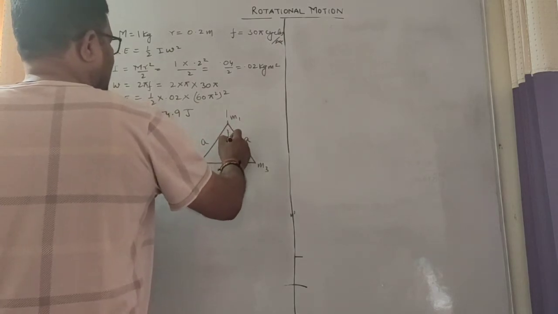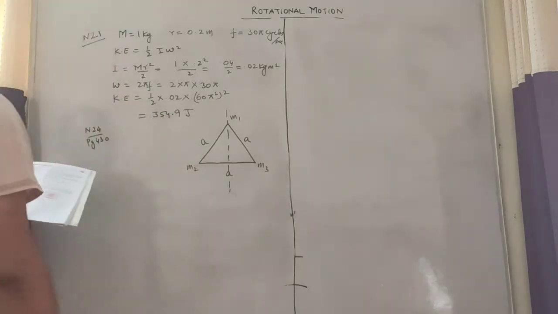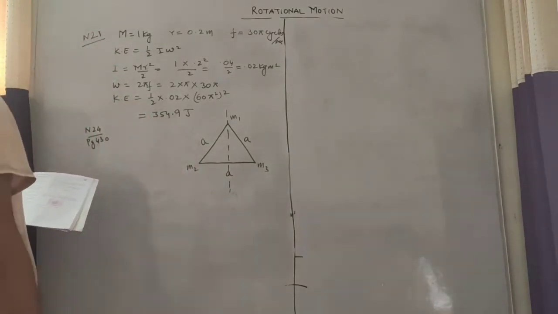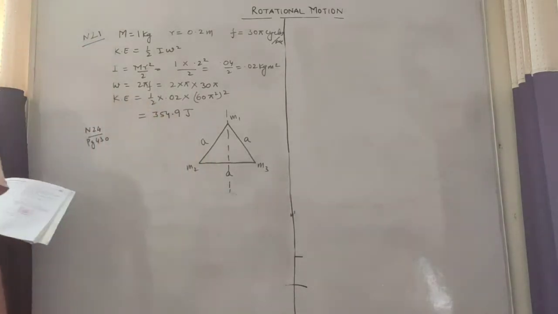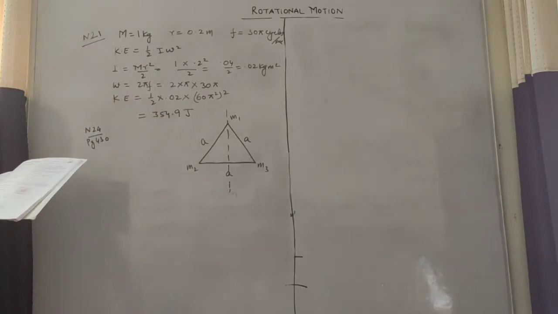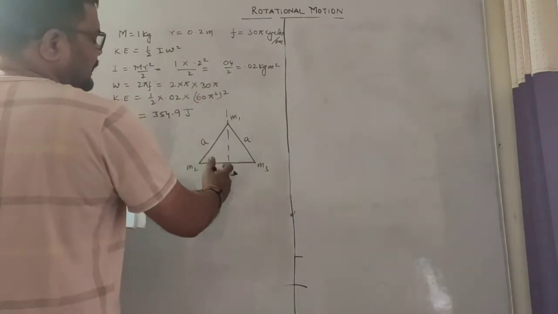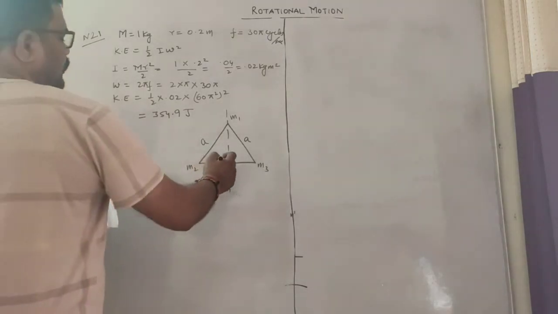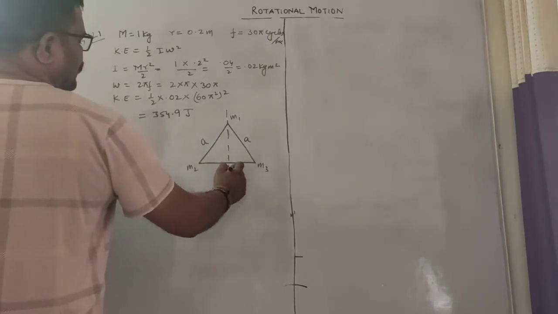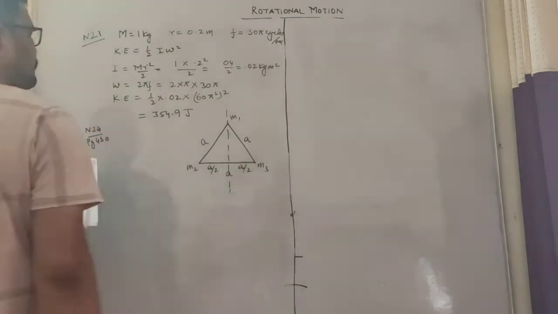This is the axis of rotation which is passing through half of the base. Find the moment of inertia of the system about an axis taken along the height passing through M1. Because this is an equilateral triangle, it will pass through a vertex, it will cut the opposite side at the midpoint. So we need to find this side. This is also A, so this is A by 2 and this is also A by 2.